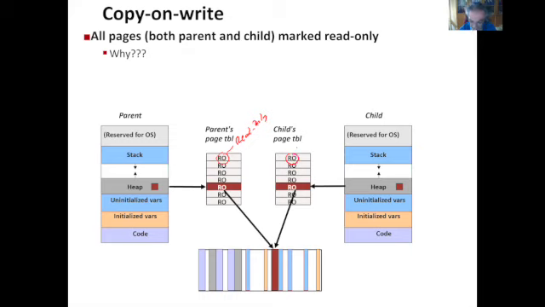This means that after fork, if both the parent and the child just access those pages in read mode, then no problem will occur, because they're just reading, not updating. Problem will occur only if one of them decides to update anything in that physical memory.